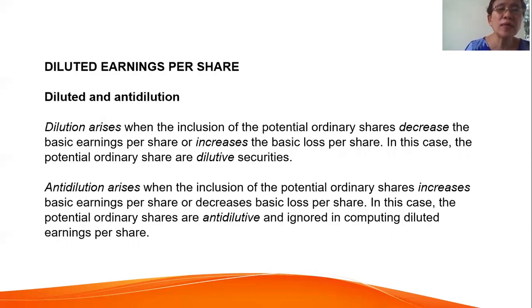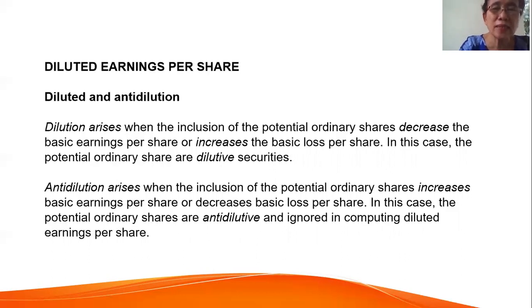So we have now the dilutive earnings per share, diluted and anti-dilution. Dilution arises when the inclusion of the potential ordinary shares decreases the basic earnings per share or increases the basic loss per share. In this case, the potential ordinary shares are dilutive securities.